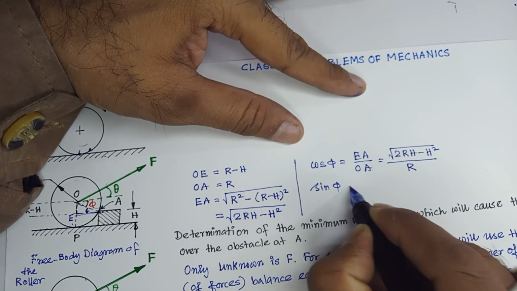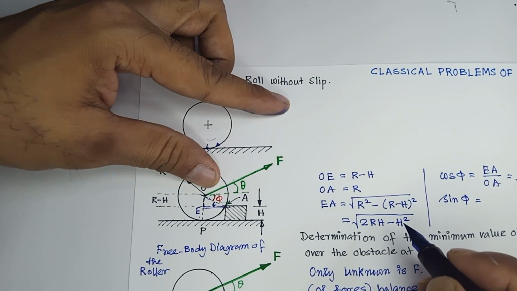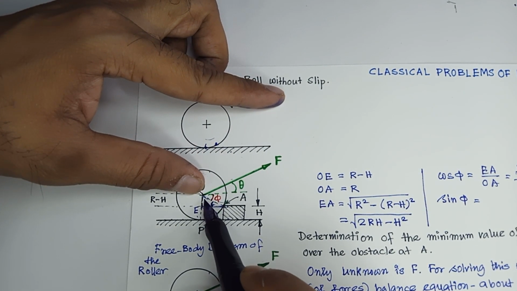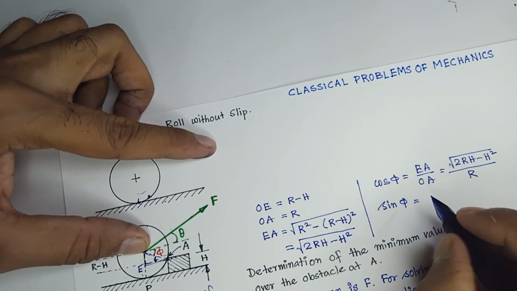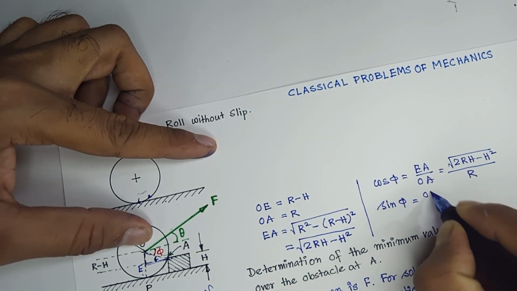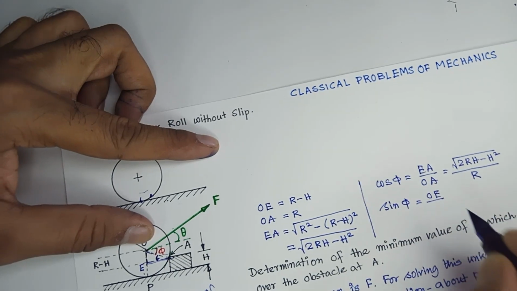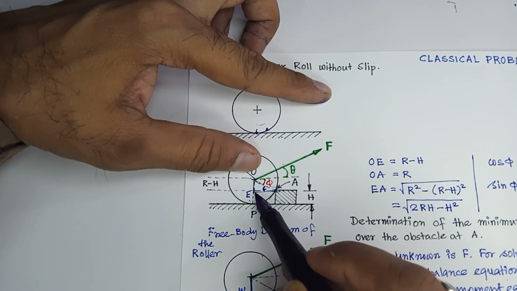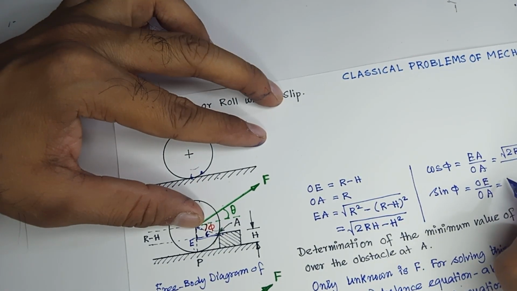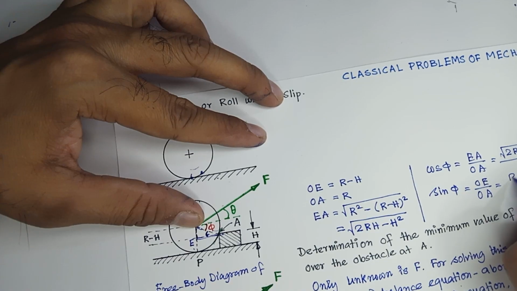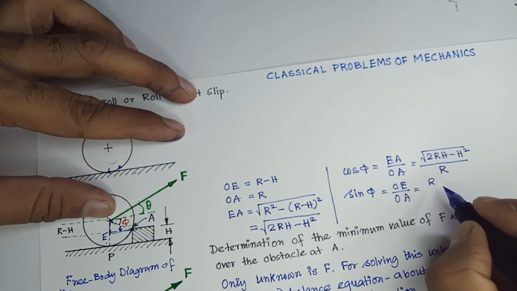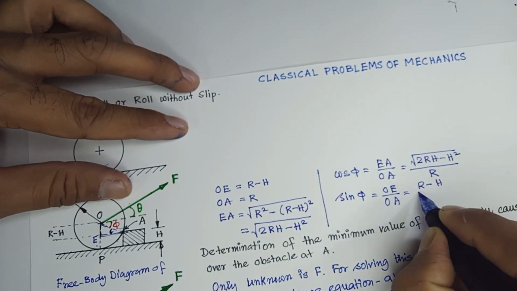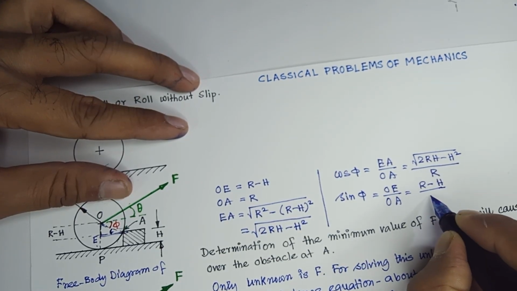Sin phi is equal to this divided by this, so sin phi is equal to OE divided by OA. So OE is equal to R minus H, therefore sin phi is equal to (R minus H) divided by R.